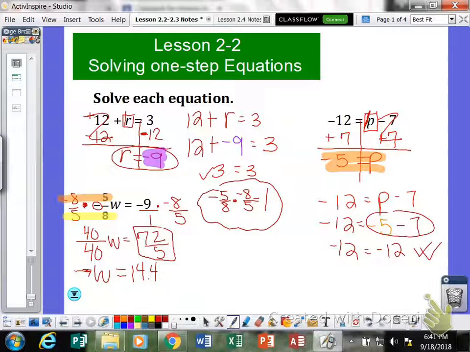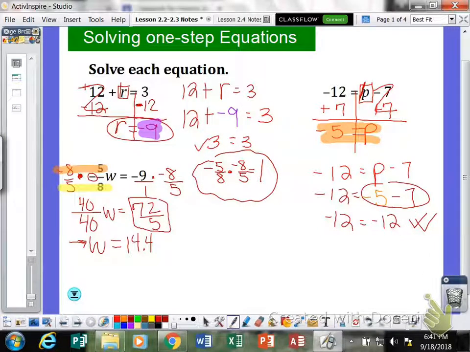So if you can divide it out and get a nice decimal, fine. So now let's check it. I rewrite the problem: negative 5/8 W equals negative 9. So negative 5 over 8 times 14.4 should equal negative 9.